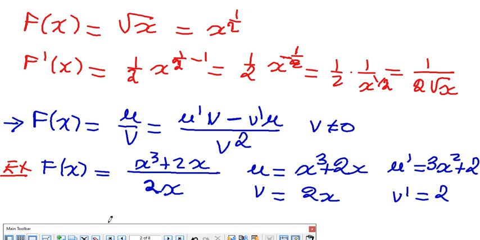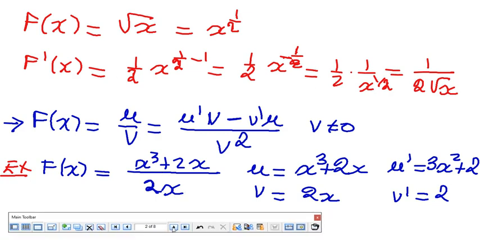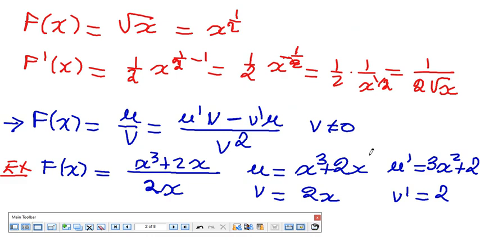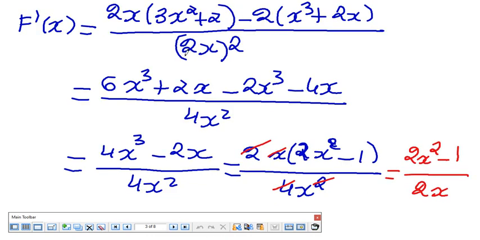Then I use the formula, u prime v minus v prime u. I have the minus here, I wrote it wrong there, I'm sorry. So this one times this one minus this one times this one, and then you develop, and after you develop, I factorized by 2x, and then I simplified and I got the answer, x squared minus 1 over 2x.